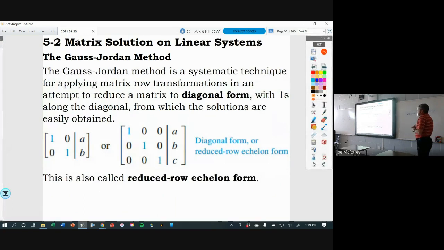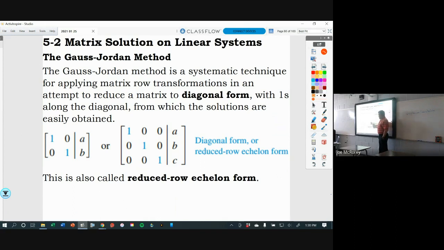The Gauss-Jordan method is a systematic technique for applying matrix row transformations in an attempt to reduce a matrix to diagonal form with ones along the diagonal, from which the solutions are easily obtained. Does this matrix look familiar? 1, 0, 0, A, 0, 1, 0, B, 0, 0, 1, C. Okay?